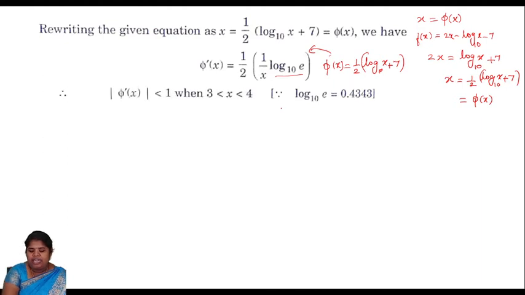Now in between 3 and 4, if we take any values and substitute here in the place of x and replace the value 0.4343 for log 10, we get phi dash of x is less than 1. So any value between 3 and 4, like 3.1, 3.2, 3.08, 3.9, if we substitute in phi dash of x, the value is less than 1. So modulus of phi dash of x is less than 1, hence we can apply iteration method.